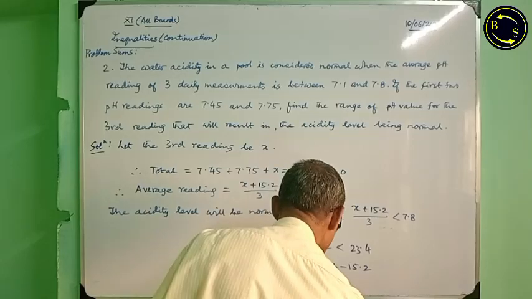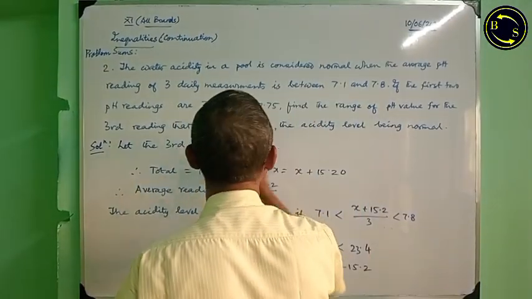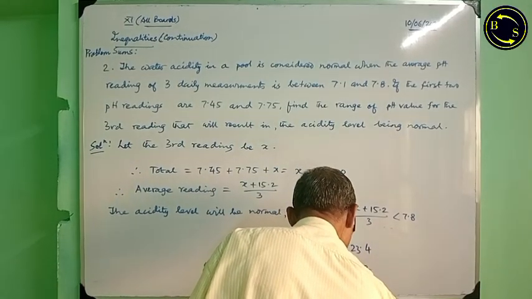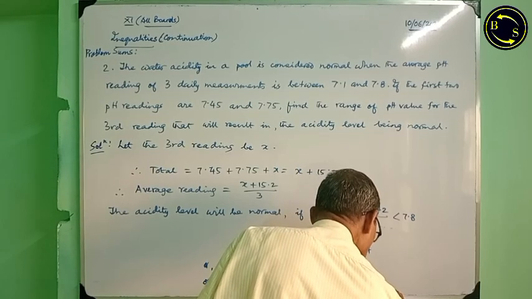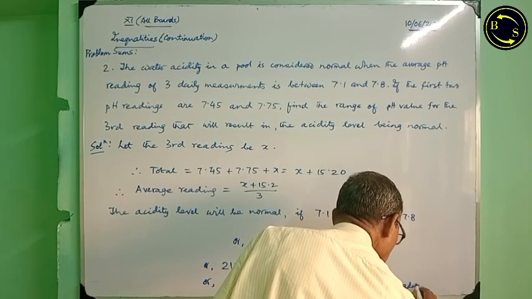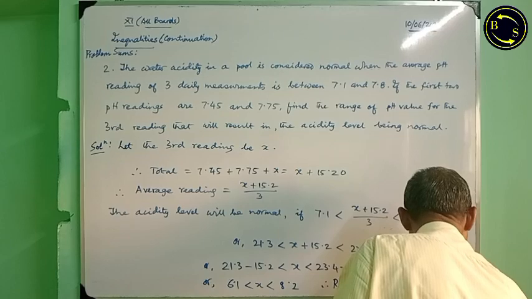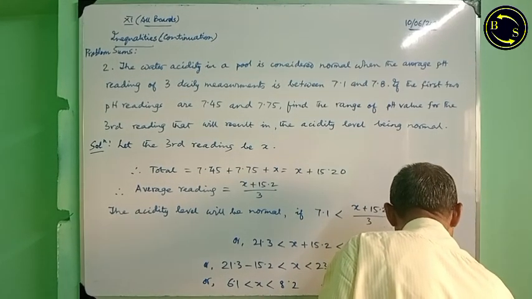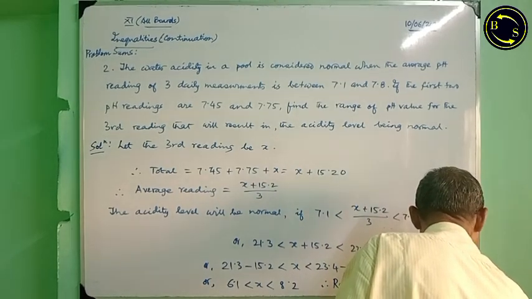I write here, therefore, third reading, range of the third reading is 6.1 less than x less than 8.2.